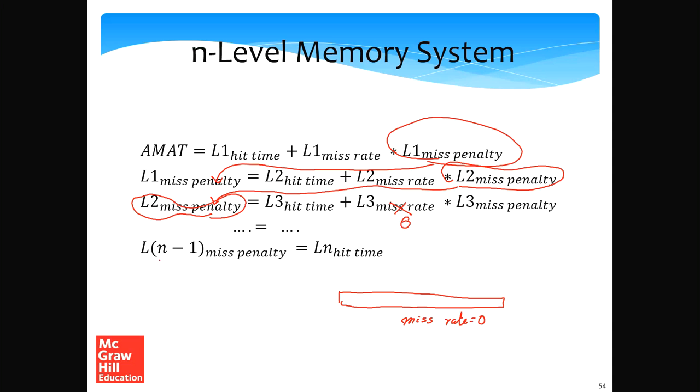As a result, the miss penalty of the second last level is the hit time of the last level, because we are assuming that no accesses miss over there. So if we know the miss rates and the hit times at each level, we'll be able to compute the average memory access time.